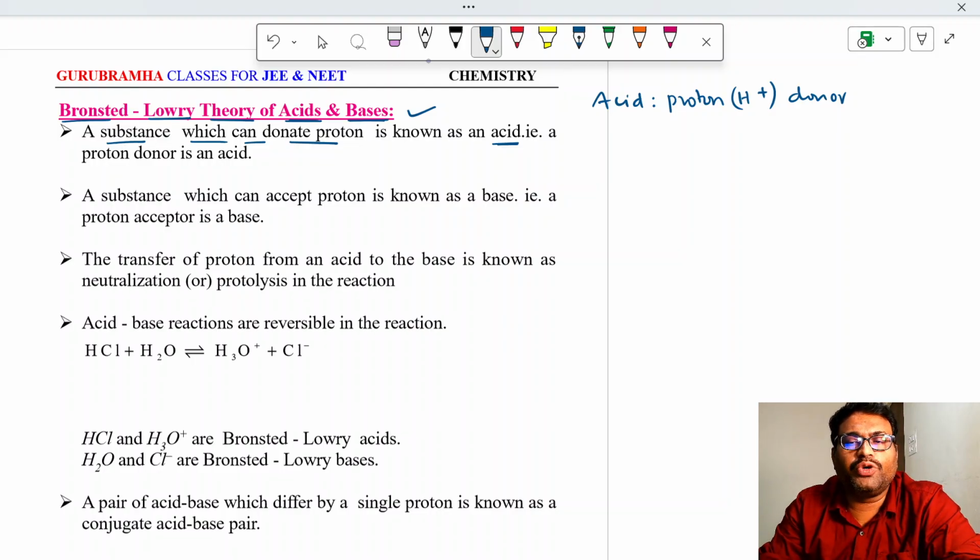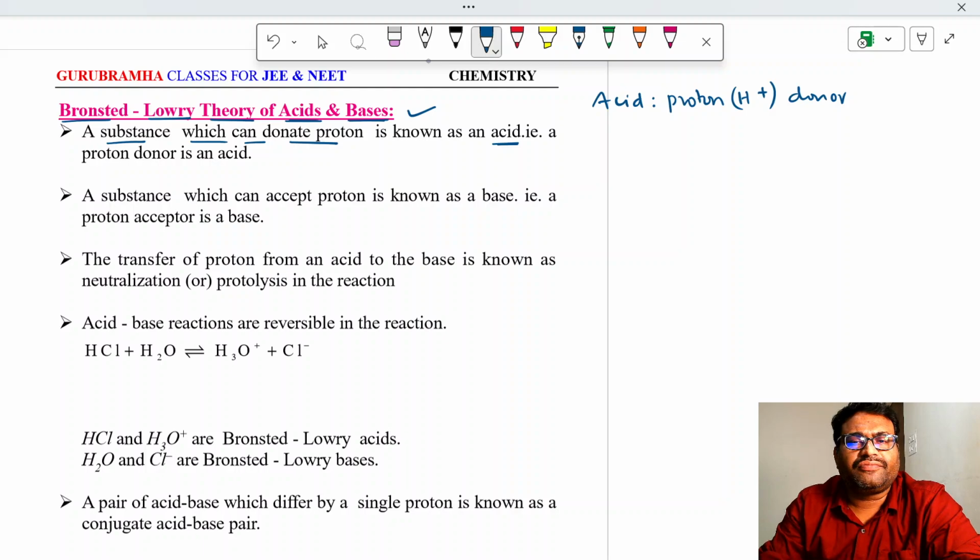If it has to donate a proton, it should have a proton. Without having a proton, it cannot donate it, right? So to donate a proton, it must have a proton, and if it donates that proton, then that is called acid according to Bronsted-Lowry theory.